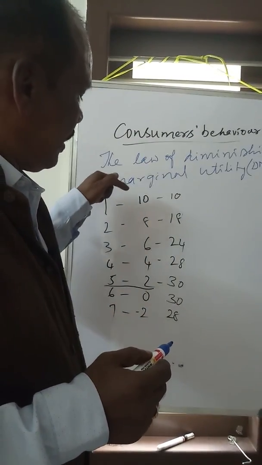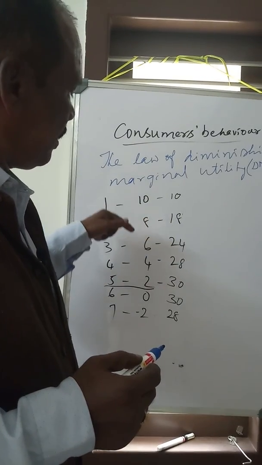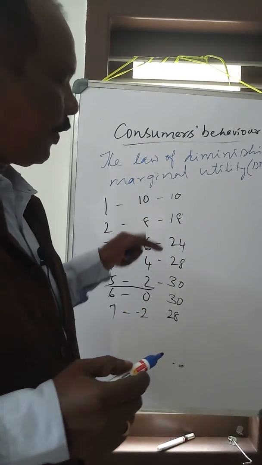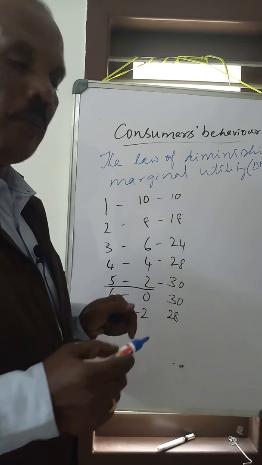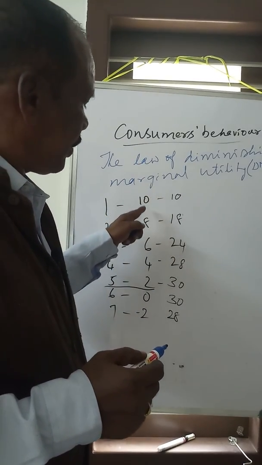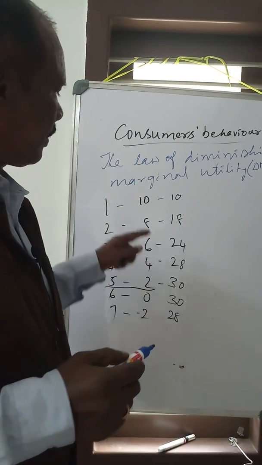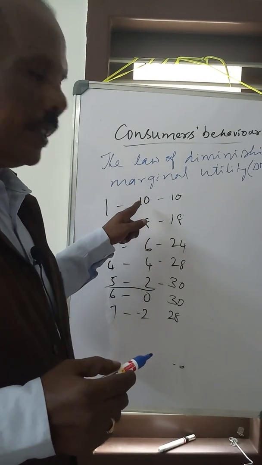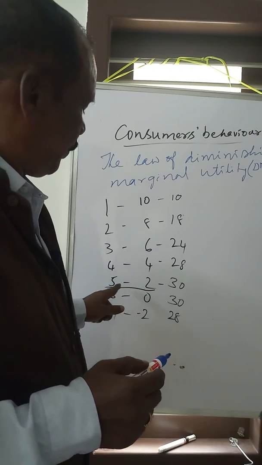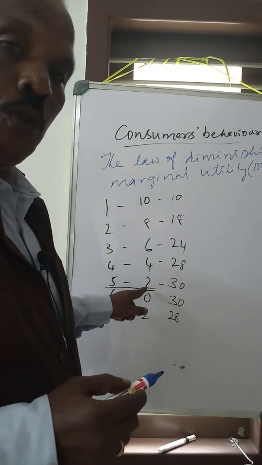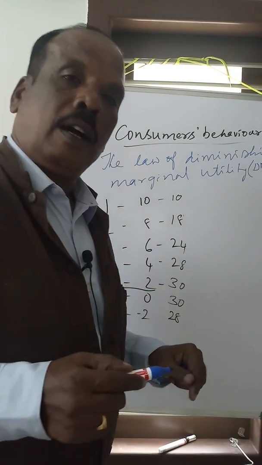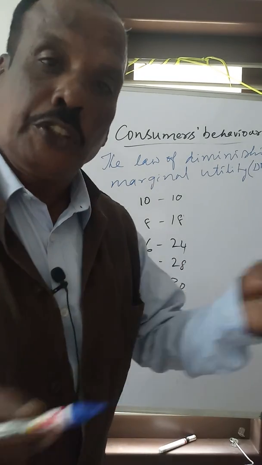Likewise, when he goes on consuming one after another unit of a commodity, that is jamun, the marginal utility goes on decreasing. The first one gave him 10 utils, the fifth one gave him 2 utils, and the sixth one gives no utility at all.